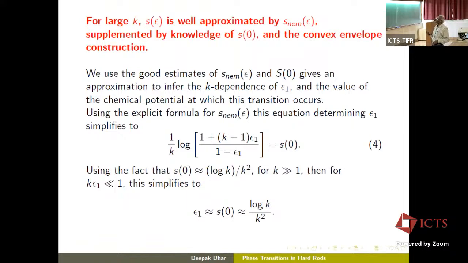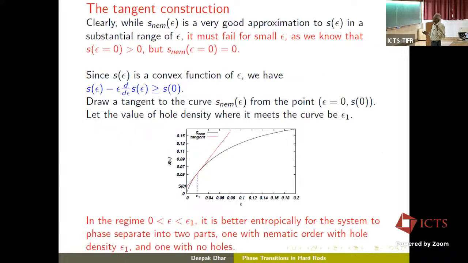For large k, S epsilon is well approximated by S nematic epsilon, supplemented by the knowledge of S0 in the convex envelope construction. So we say that the actual entropy differs from this very little in this part, only by k to the power minus k. And it differs from this in this part where it is very close to the straight line.